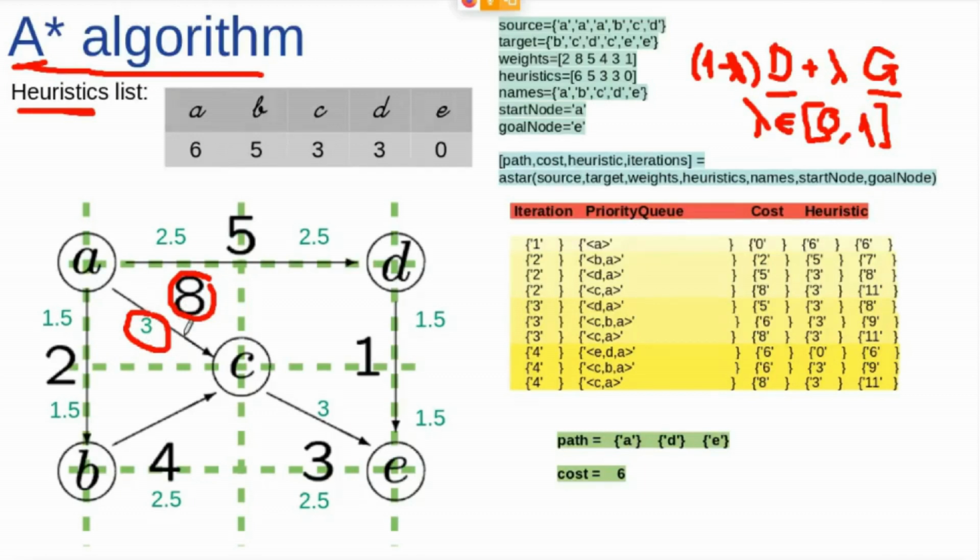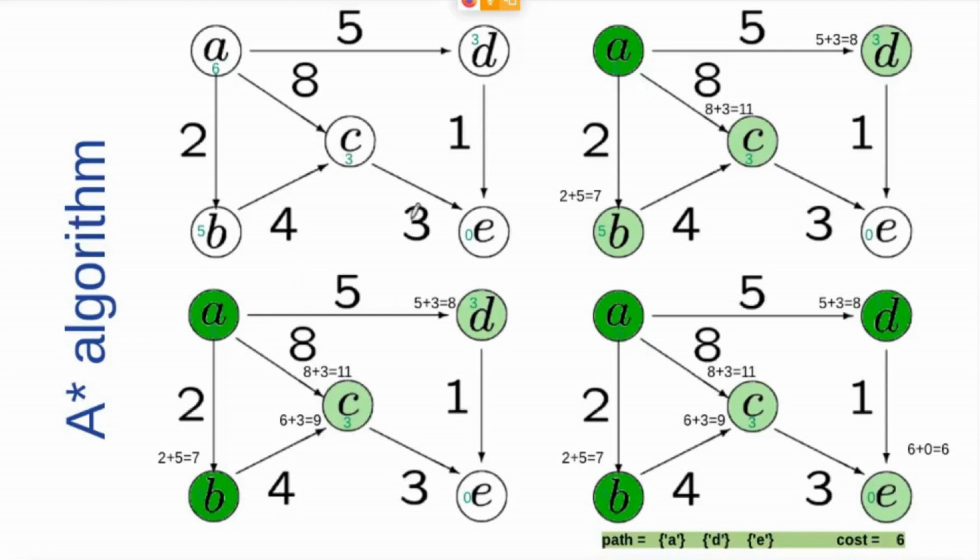I will show you here. Remember the heuristics here in a small number in green. The heuristic of A is 6 because the cost of going from A to E, where this is the origin and this is the target, following the rule of thumb, is only 6, right?